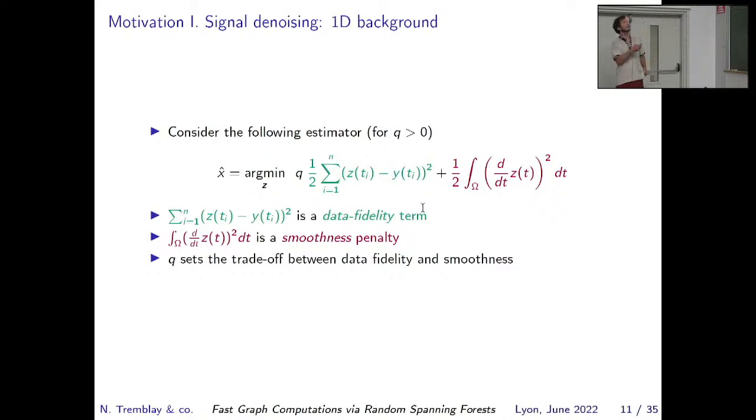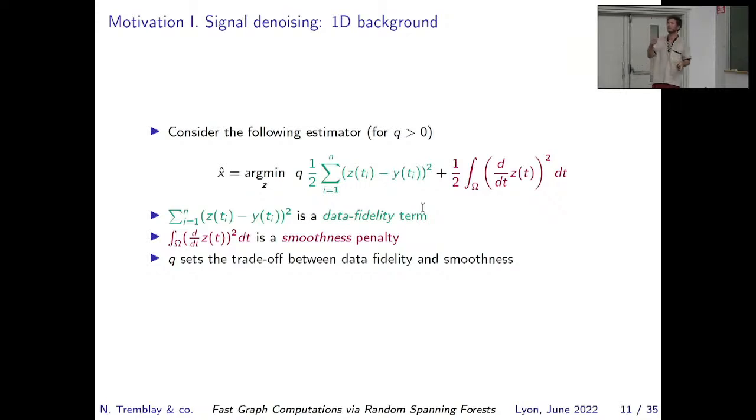Z, in the space of the signals, is what I'm trying to optimize over. Y_i here is what I actually measured. So this is the sum of the error I make compared to what I actually measured, called the data fidelity. And here, you want to regularize this problem.